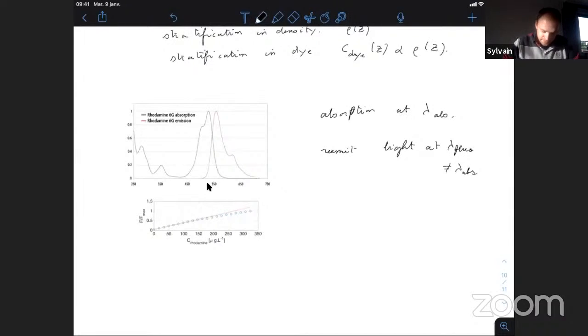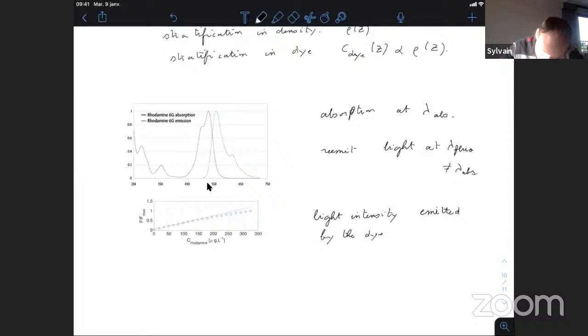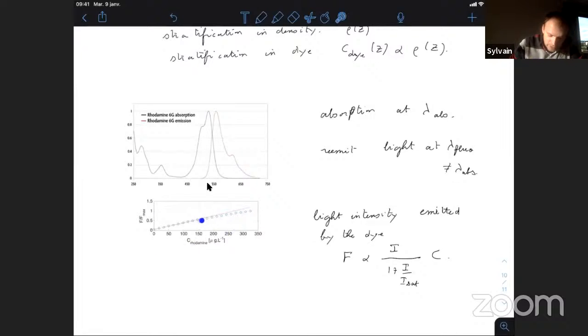More precisely, the light intensity F emitted by the dye is proportional to the intensity I received by the dye times C. You have some saturation, and C cannot be too large, as shown here.